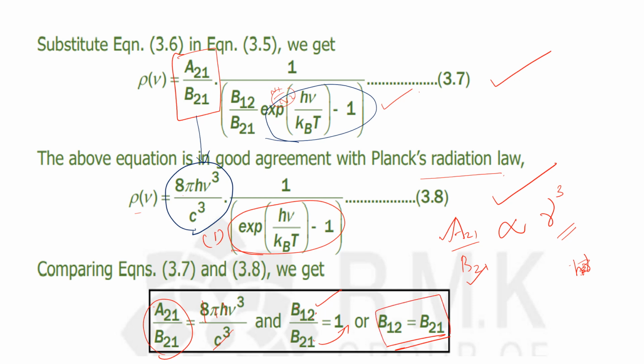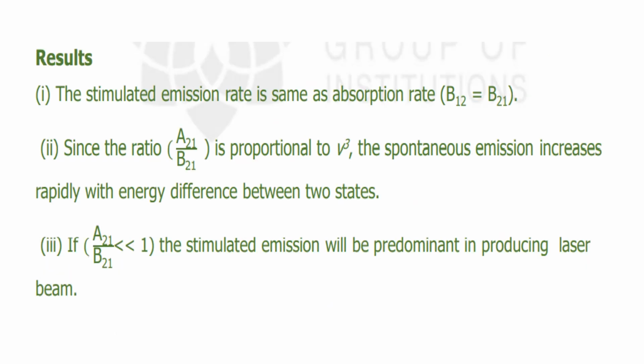So the results are that the stimulated emission rate is equal to the stimulated absorption rate, and A21 by B21 is directly proportional to nu cube, which shows that the spontaneous emission transition increases very rapidly with increase in the energy difference between the two states E2 and E1.